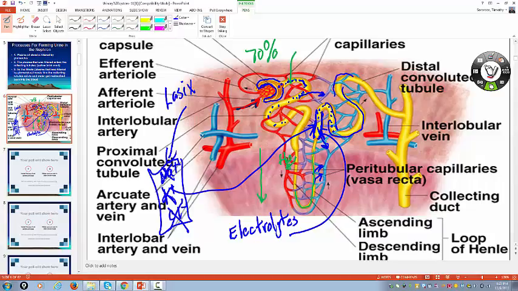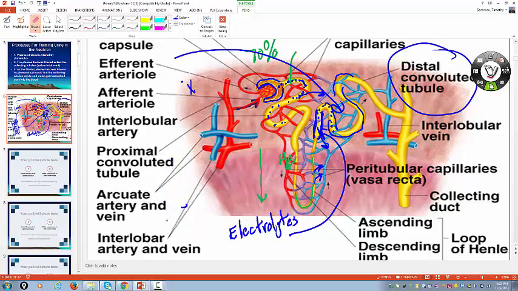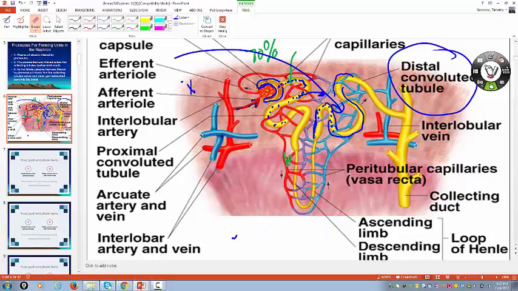Now, then the tubes thicken out, and they become twisted again. Because they're farther from the point of origin at the glomerulus, these are called the distal convoluted tubules. And the distal convoluted tubules are influenced by hormones. There are really three big hormones that affect the distal convoluted tubules and determine whether you're going to make a dilute urine or a concentrated urine.